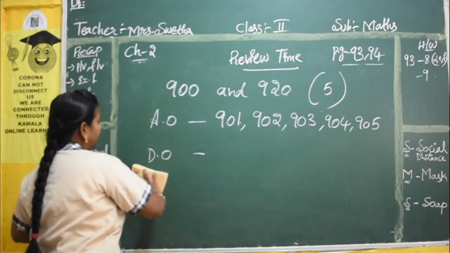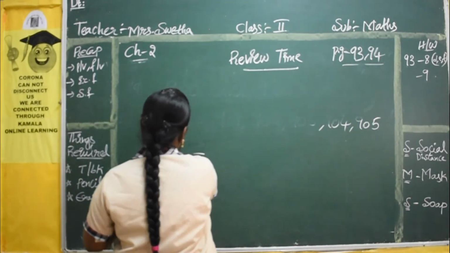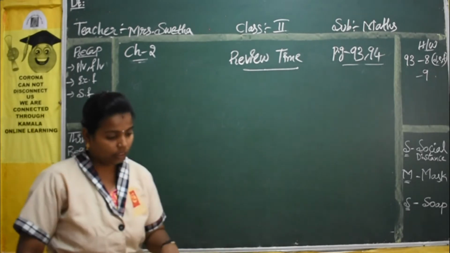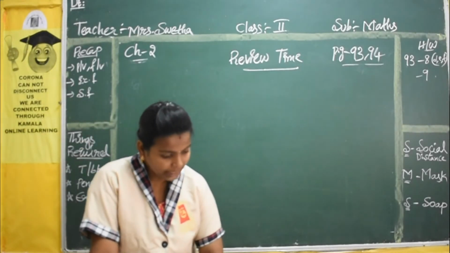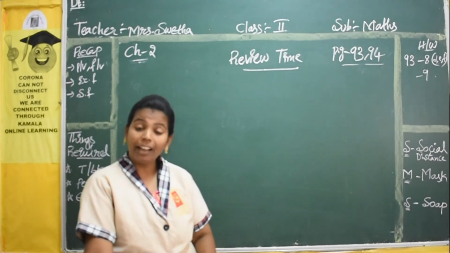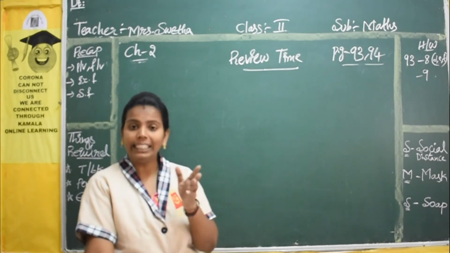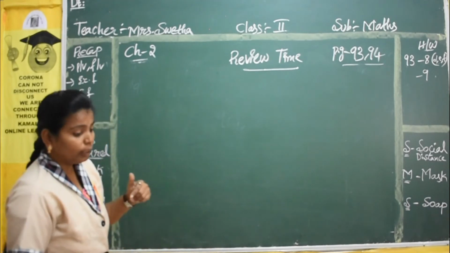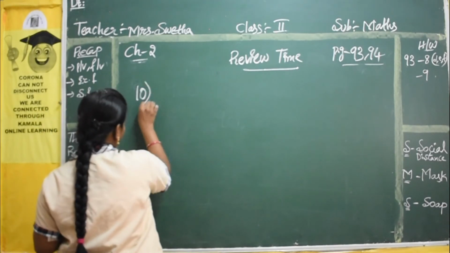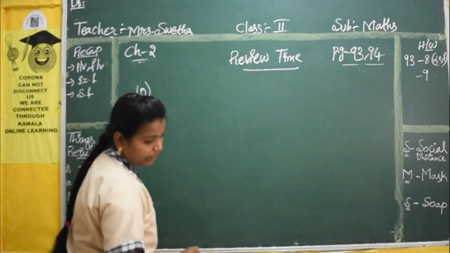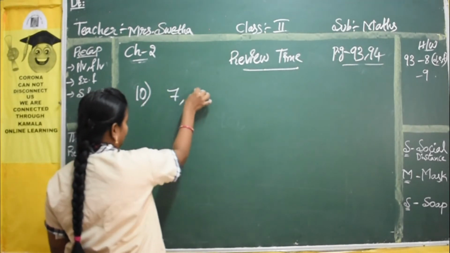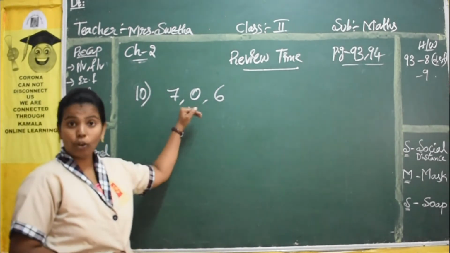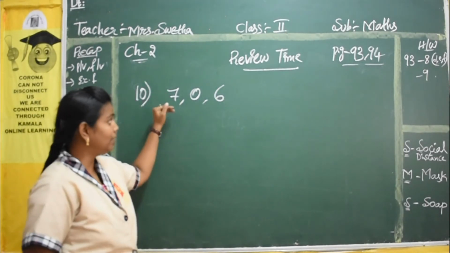Now we will move on to the 10th bit. So what is the 10th bit? Here they have given you 3 single digits: 7, 0 and 6.